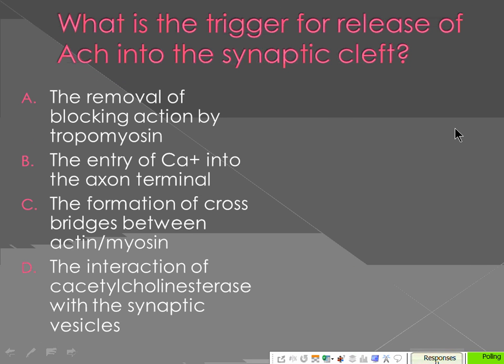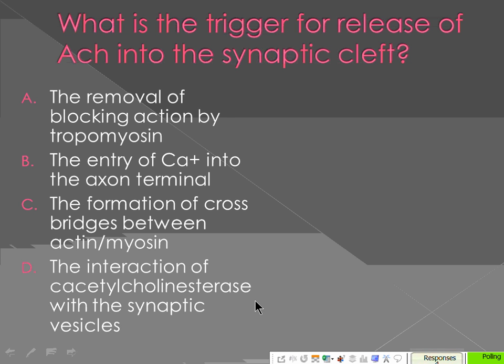Okay, let's look at this one. What is the trigger for release of acetylcholine into the synaptic cleft? They should read acetylcholine. There should be no C over there.